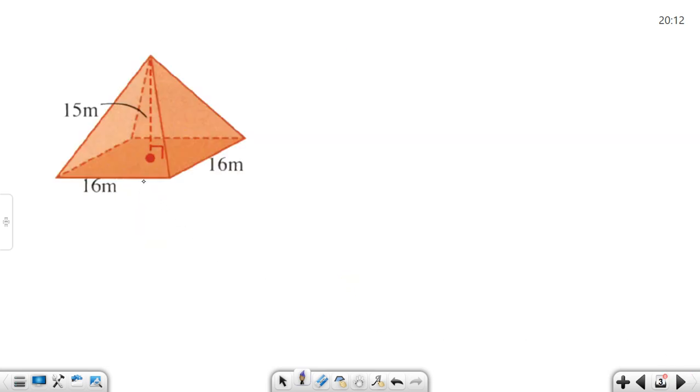Let's solve one example. As you see, the altitude is given as 15, and it's a regular polygon, so that must be the midpoint. What is not given? To calculate lateral area, I need to use 1 over 2 perimeter multiplied by slant height, but that's not given. To find it, I need to use this blue triangle.